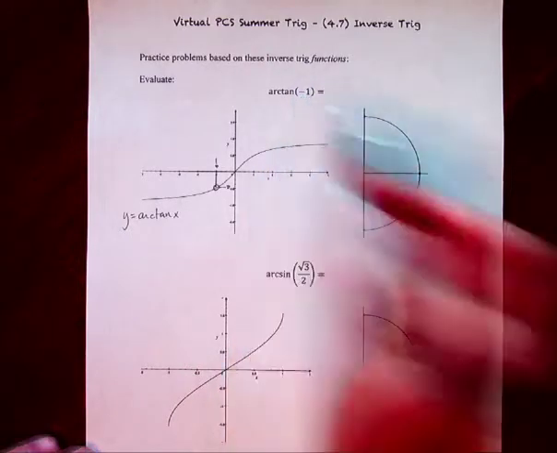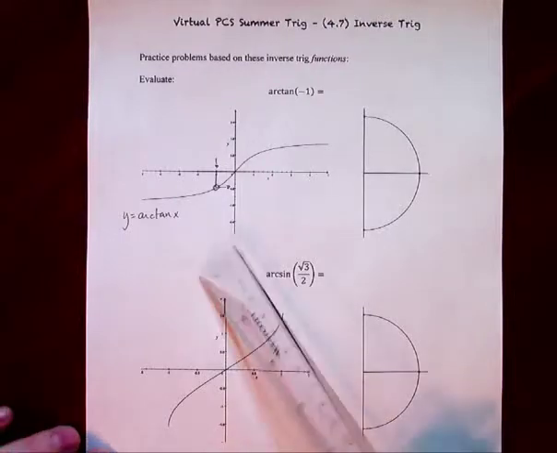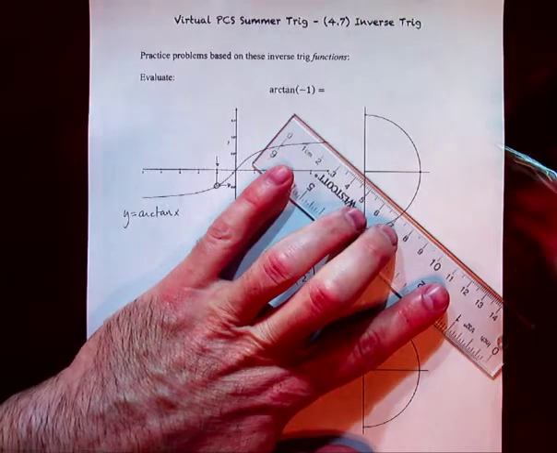Now, arctan, basically it's asking, where does tangent on the specified domain and range have a ratio of -1? Well, remember that tangent is the ratio of sine over cosine. And therefore, when sine and cosine have the same value, exactly the same value, like at pi over 4 and 5 pi over 4, it's 1. When they are negatives of each other, like at 3 pi over 4 and 7 pi over 4, it's -1.